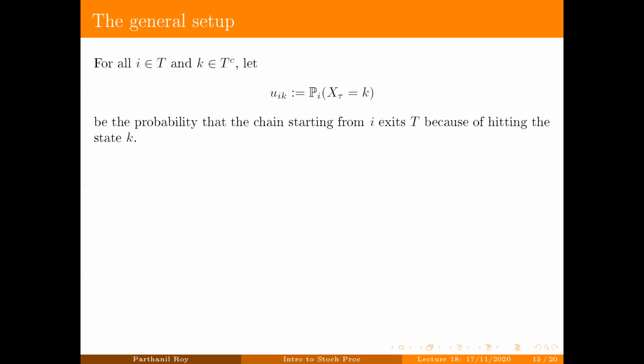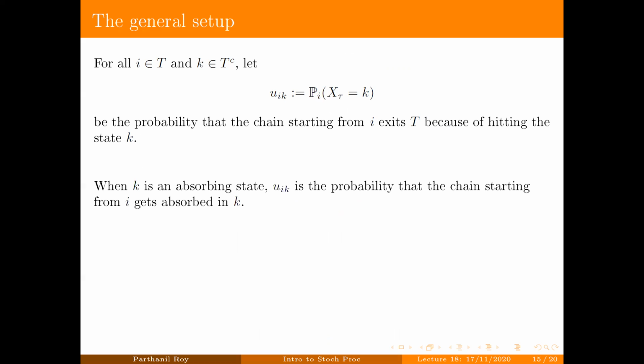So this is the quantity that we have defined. As I said, we'll denote it by u_ik. This is the probability that starting from i, the chain exits T because of hitting the state k.